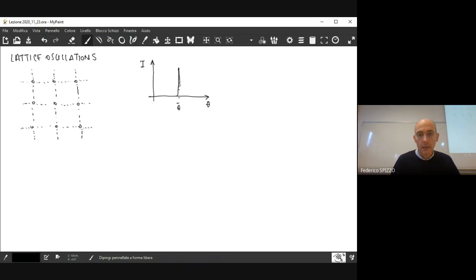So you see peaks once you have fixed the symmetry of the lattice, for instance cubic, FCC, BCC, whatever. Then you see peaks corresponding to specific angles.